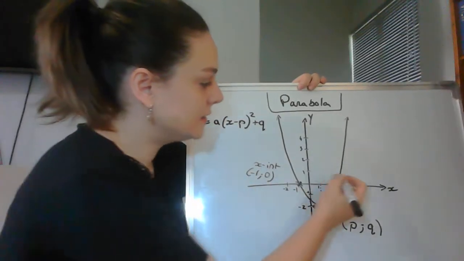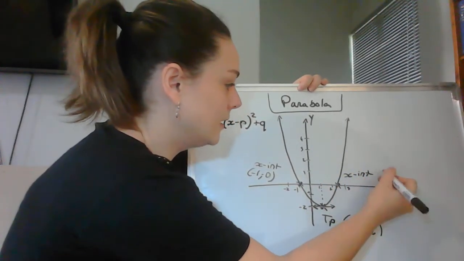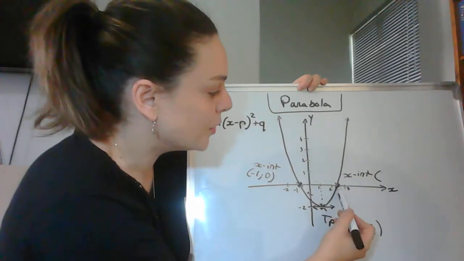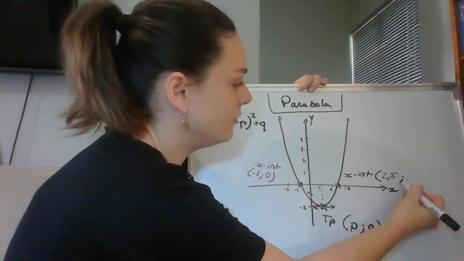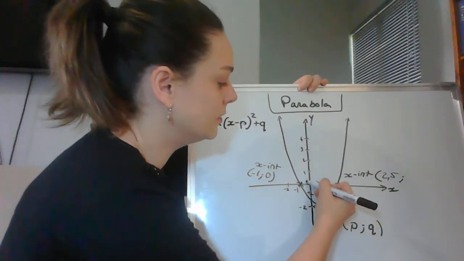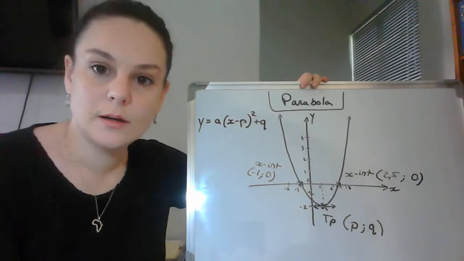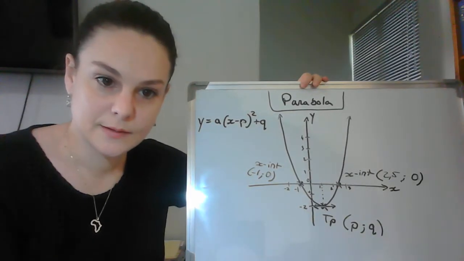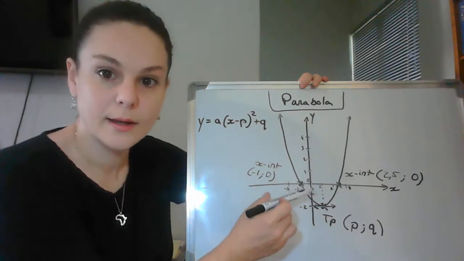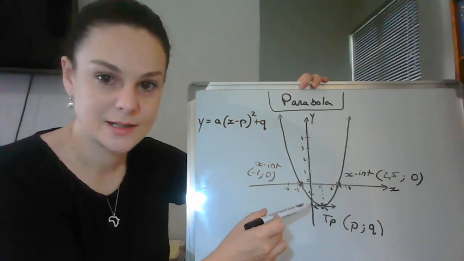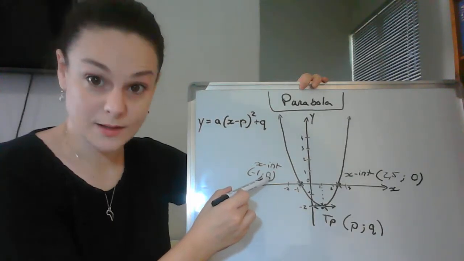For the x-intercept on the right-hand side, the x value is here 2.5, and the y value is 0, because it's always 0 for y for an x-intercept. So for the x-intercepts, the points where the graph crosses the x-axis, you give the value for x, and it's always 0 for y.